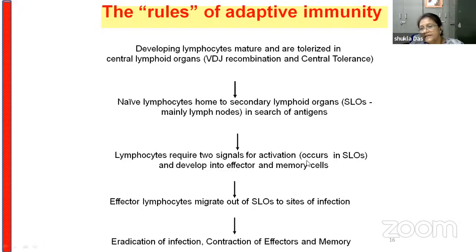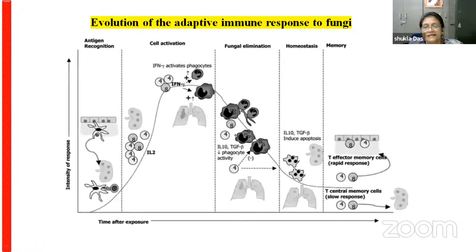Lymphocytes require two signals to get activated, and the effector mechanism follows after the activation of the T cells. So overall, this picture tells you innate immunity, interleukin 2, clearing by gamma interferon or a small Th1 response. Fungal elimination occurs, then acquired immunity, homeostasis, and some memory cells in T cell and B cell.